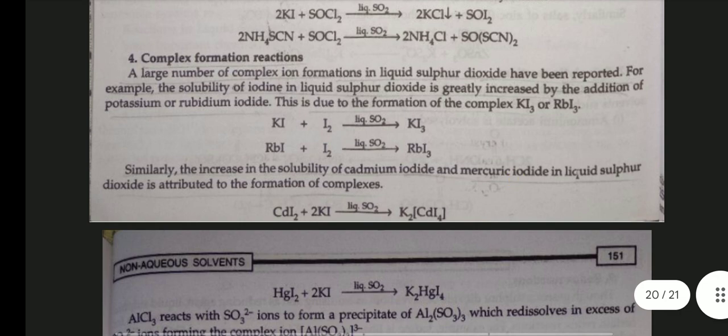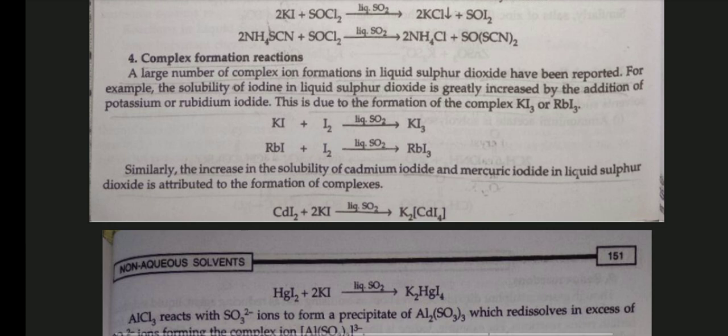Fourth one is complex formation reaction. A large number of complex ion formations in liquid sulfur dioxide have been reported. For example, the solubility of iodine in liquid sulfur dioxide is greatly increased by the addition of potassium or rubidium iodide. This is due to formation of the complex KI3 or RbI3.